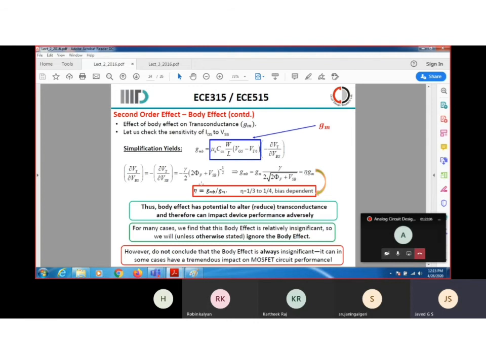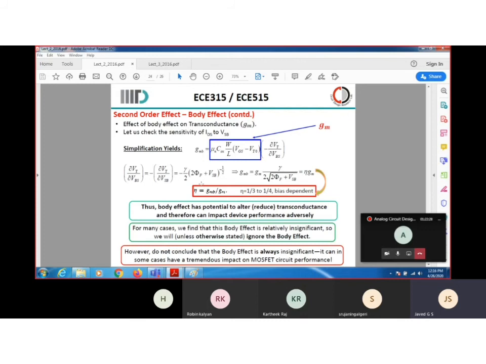You are changing the potential. So when that is in place, it is going to be minus gamma by 2, and the way it is written is the square root of 2 phi f plus VSB. When you take a delta Vt, you will get 1 over the square root, so that 1 over square root is represented as minus half.